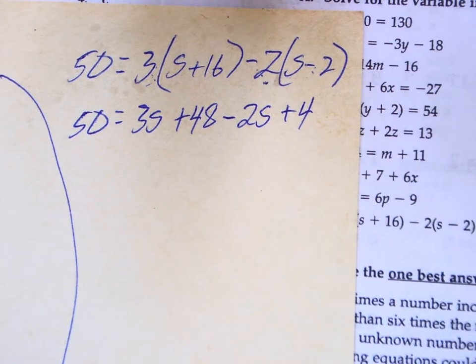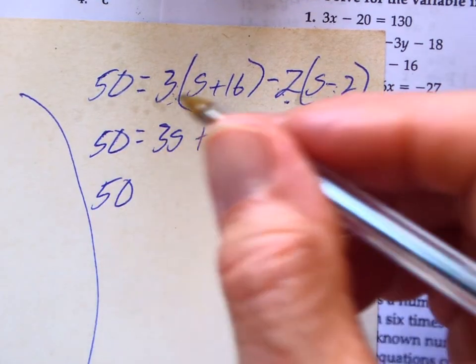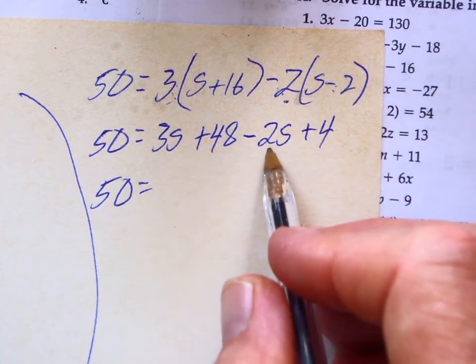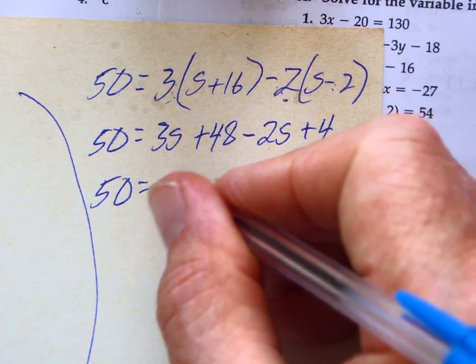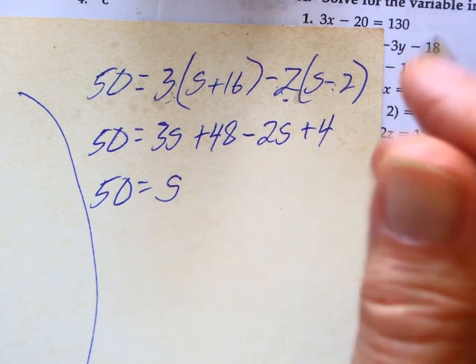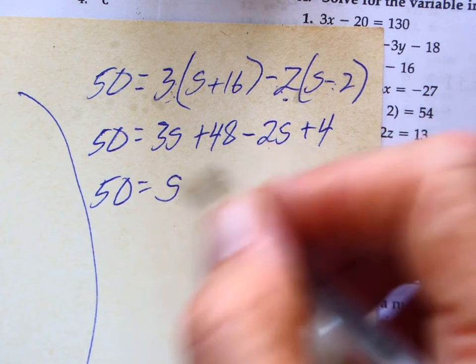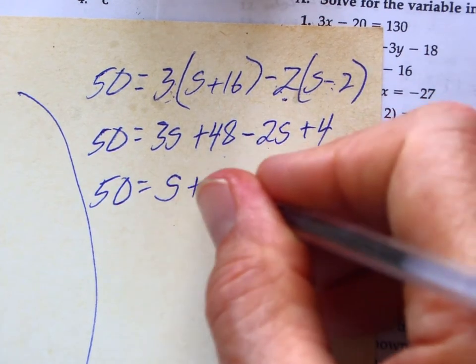Now we can put this all together like this. 50 equals, you got 3s and you got minus 2s. 3s minus 2s is 1s, but you don't put the 1, do you? You just put s. It's like 3 apples minus 2 apples. You got 1 apple left. And you got 48 plus 4 is plus 52.